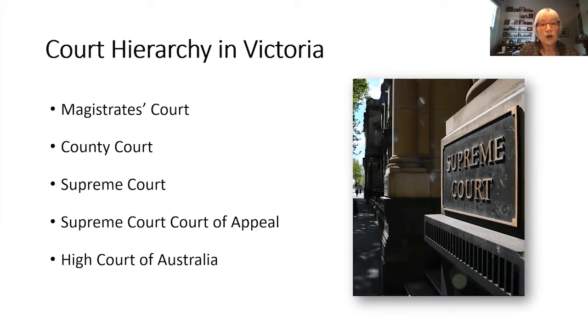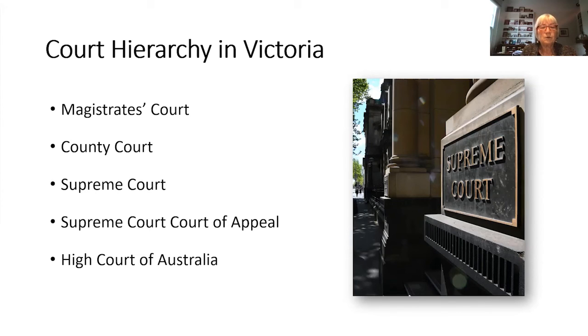So that's been put on hold for the moment because of the pandemic, because it was decided that that might cause some extra delay in the Magistrates Court and in the County Court. But at the moment, you can go from Magistrates Court to the County Court as of right, and you get a new hearing, a hearing de novo.